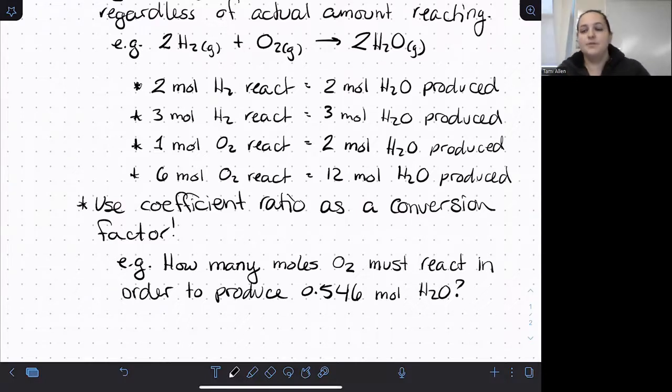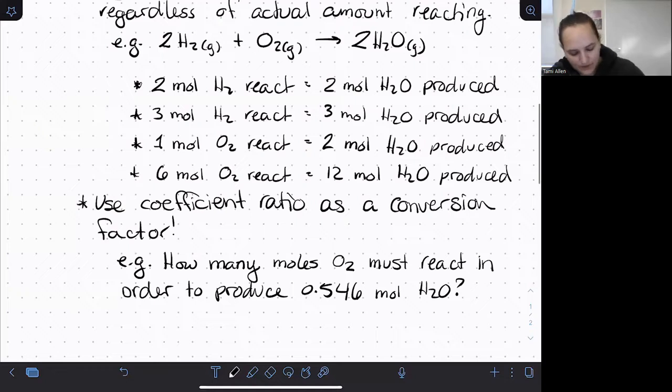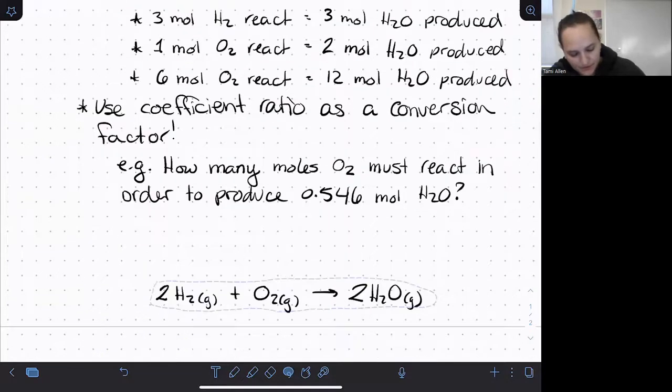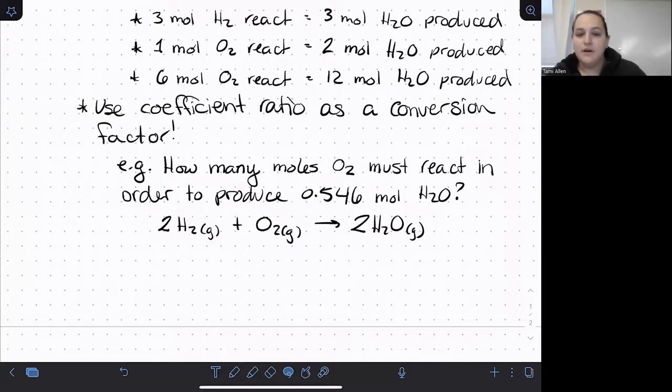So we've identified a particular amount of product that we want to produce in this case, and we're looking to figure out how much reactant we need in order to produce that amount of product. Specifically, how much oxygen do we need to produce that amount of product?